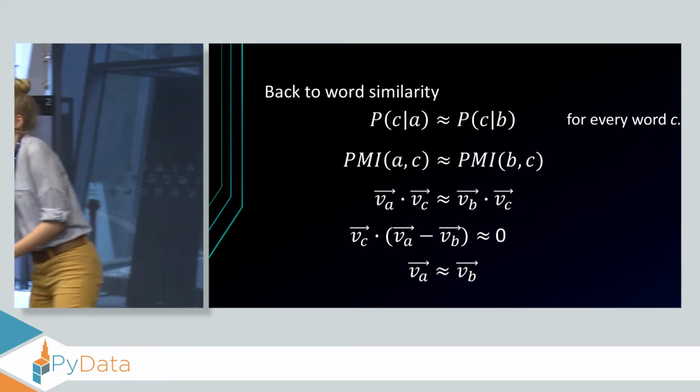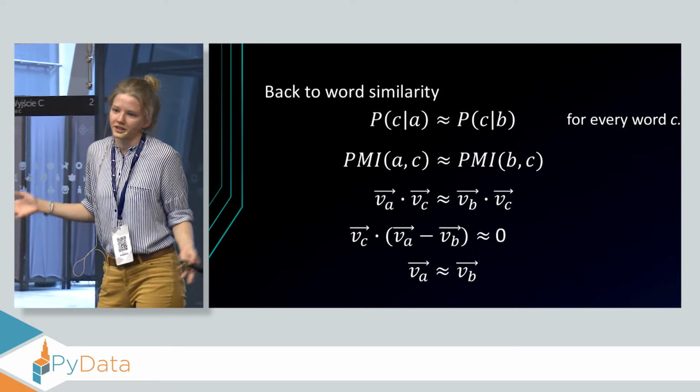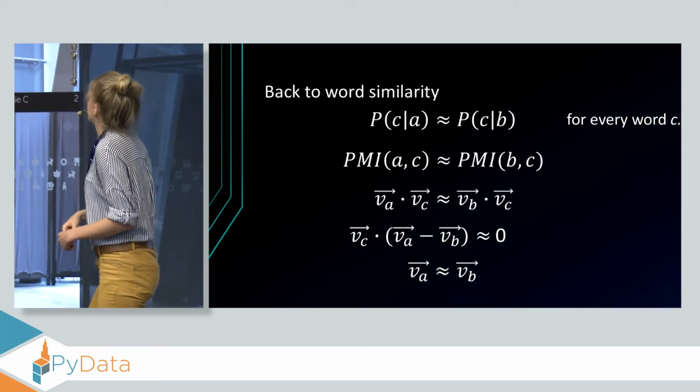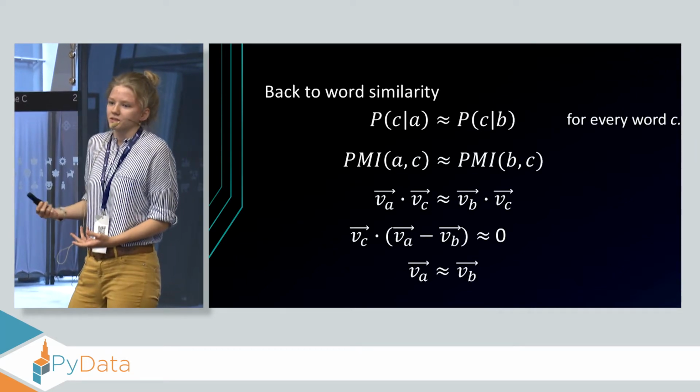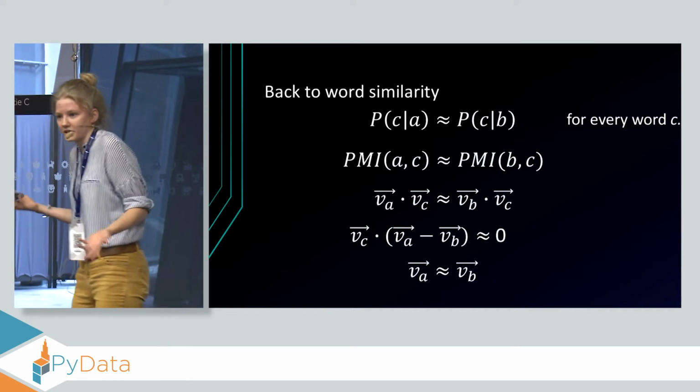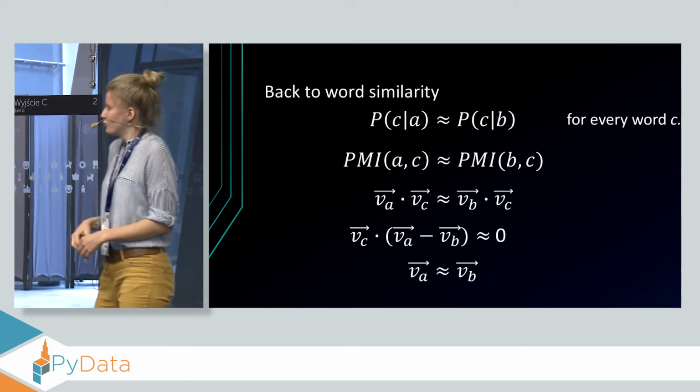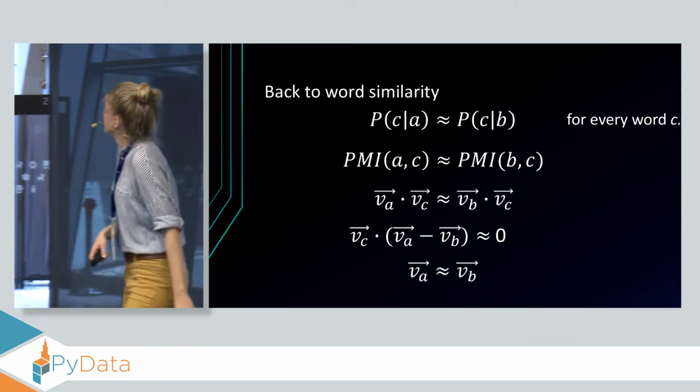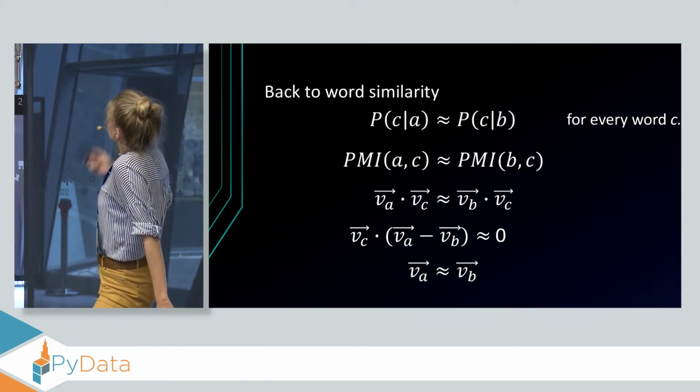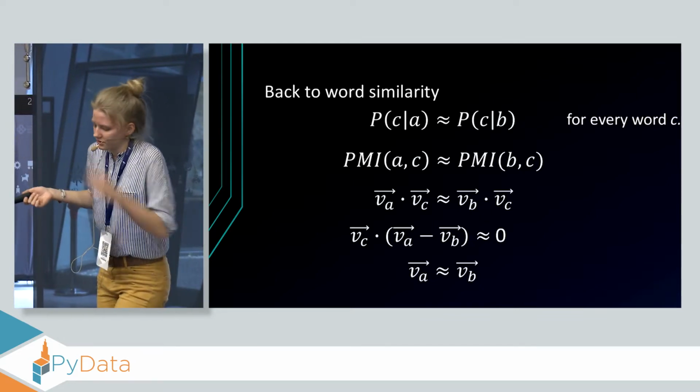Okay, so let's imagine we found those vectors. That's cool, but does vector similarity mean that the words are similar? We're not so sure, so we want to actually check it.